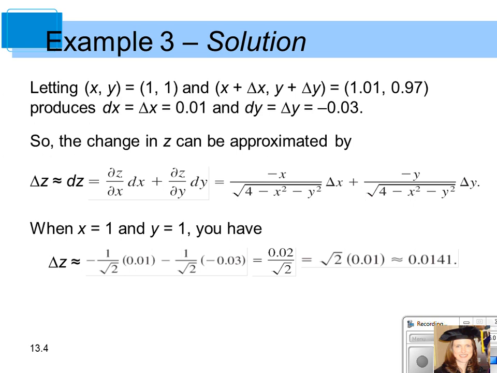That's an estimate as to how much z would change if you change your x by a plus 0.01 and your y by a negative 0.03, if you started out at the point 1, 1. So that's just an estimate of how the z is going to change.